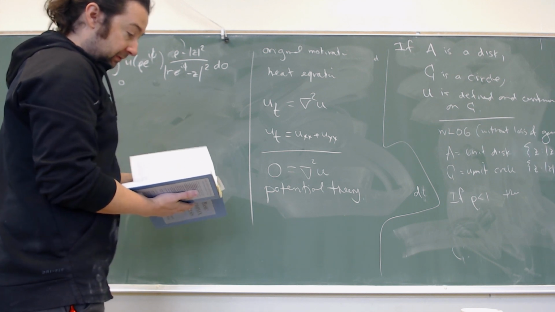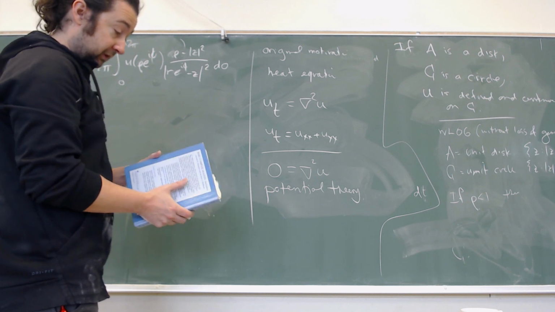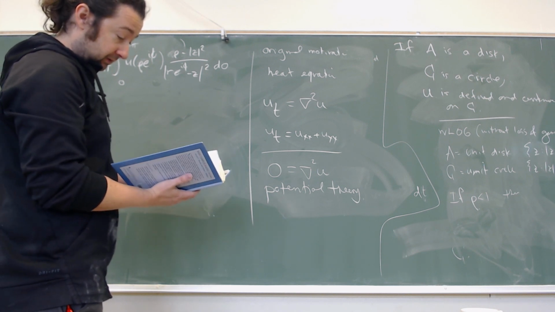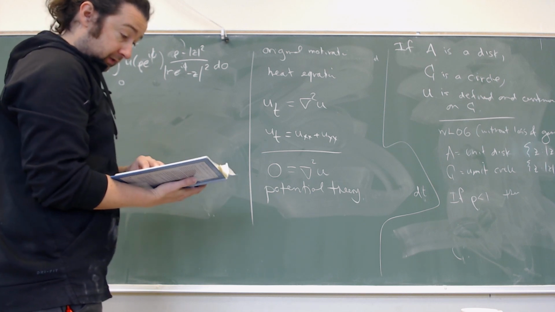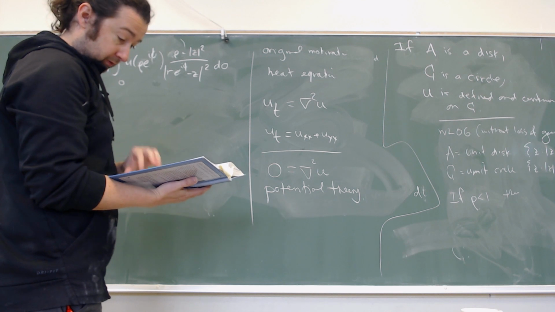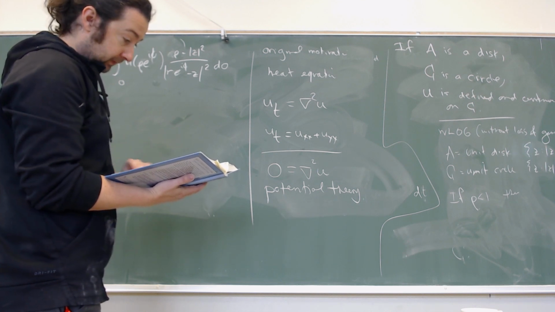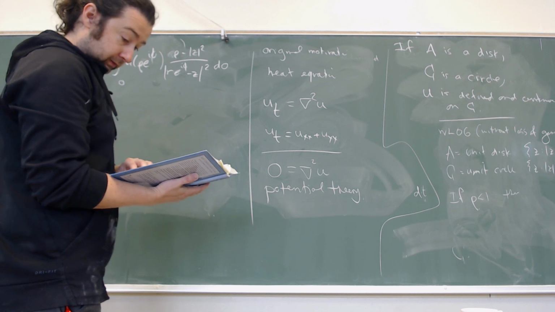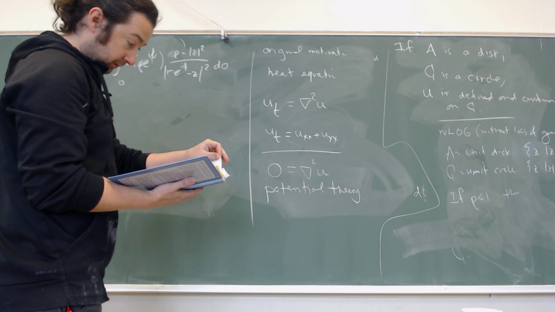So what I'm going to do is write down an equation that tells me how to reconstruct the value of this function on the interior from the exterior. I spent a lot of time trying to make sure this was smooth. Okay, where does he actually do this?